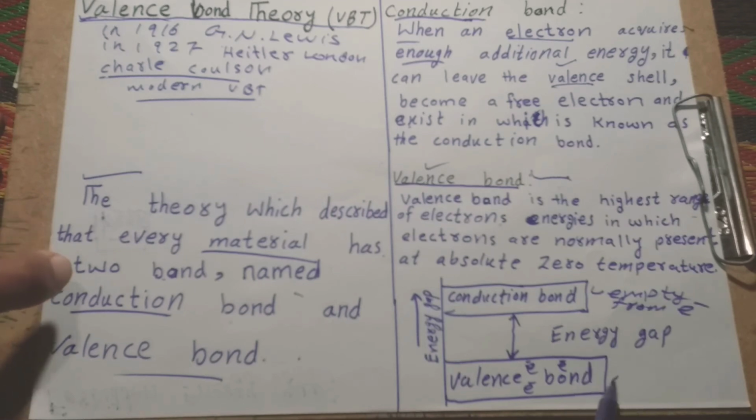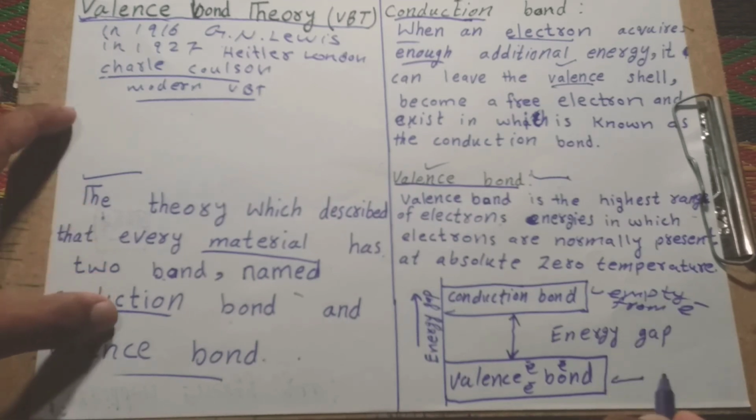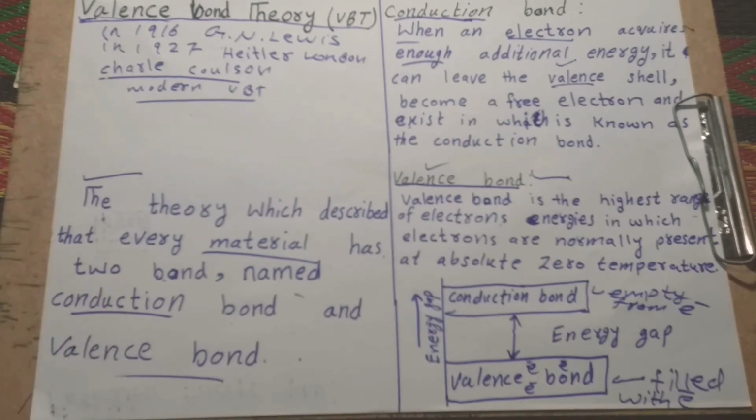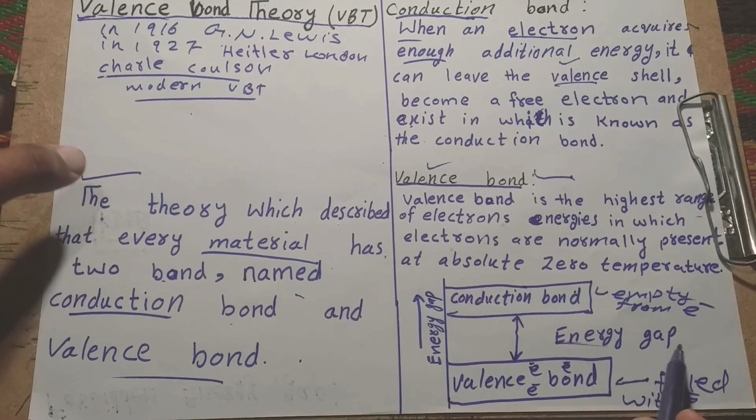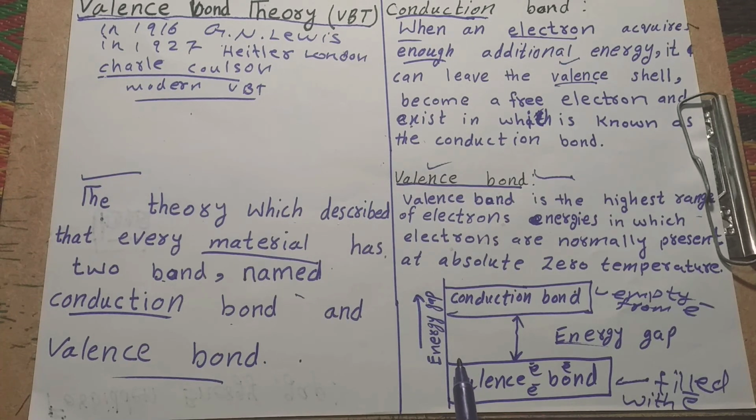This is the valence band, filled with electrons, and e negative denotes electrons. This is the energy gap, also known as the band gap.